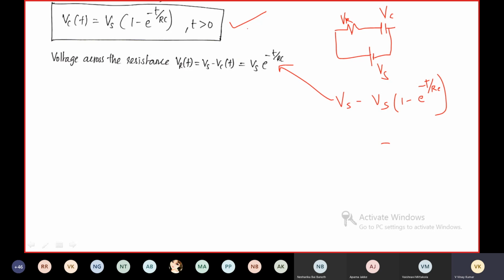Here the voltage Vc is increasing exponentially, and here the voltage VR is decreasing exponentially.